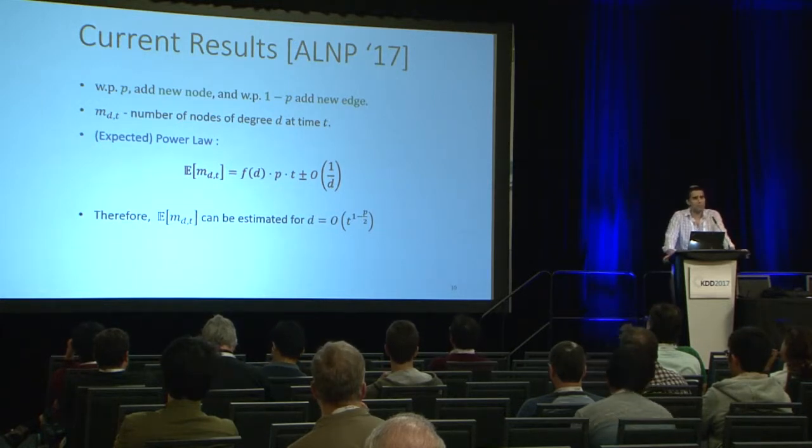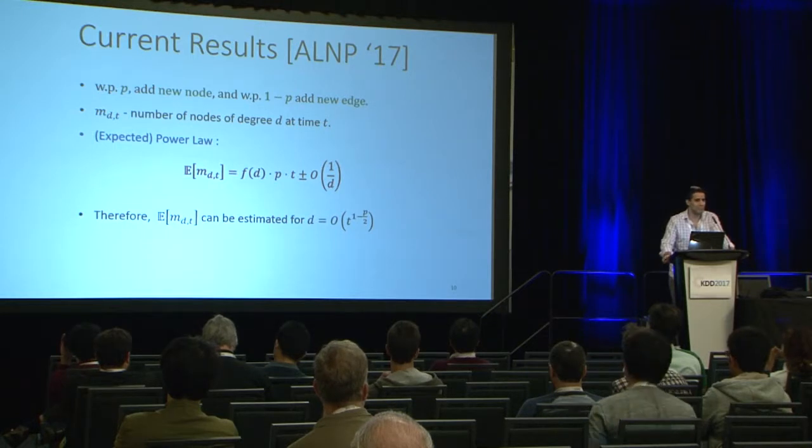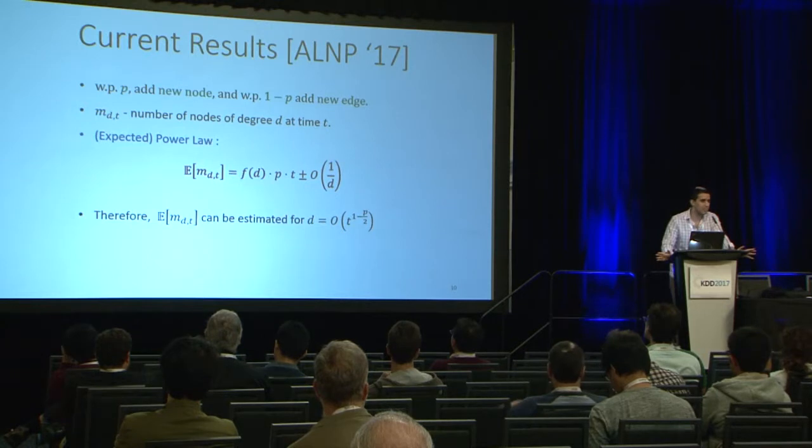So if you ask yourself how many nodes of degree square root t there are in the network, we can answer that using our result, which you didn't know before. Before you could only do it for constant d, and now you have something stronger.